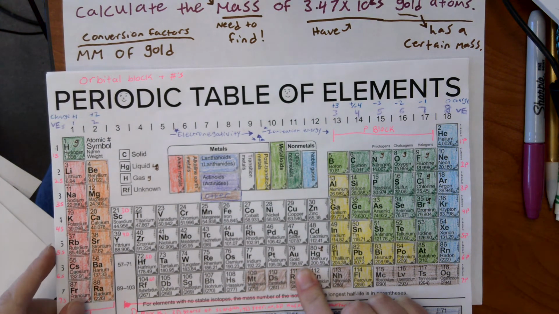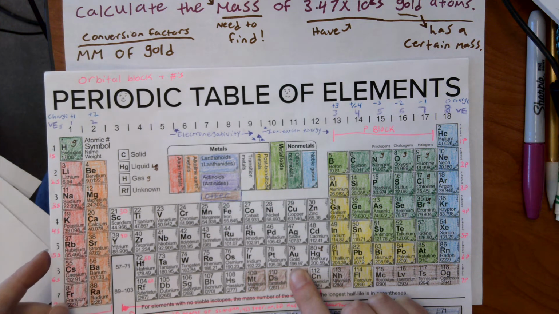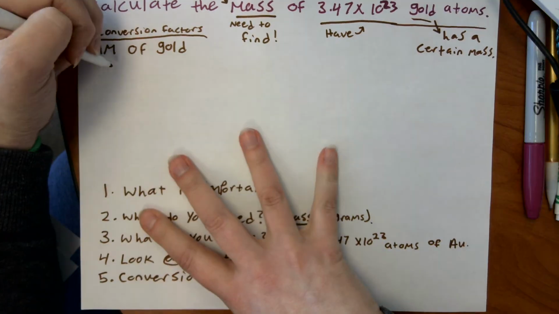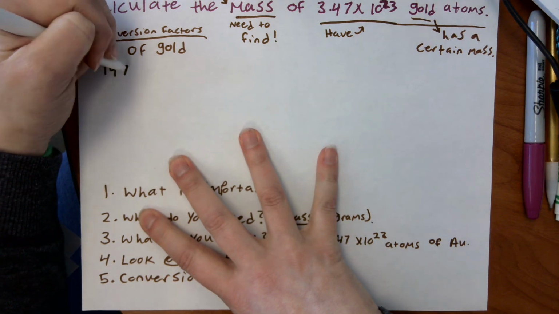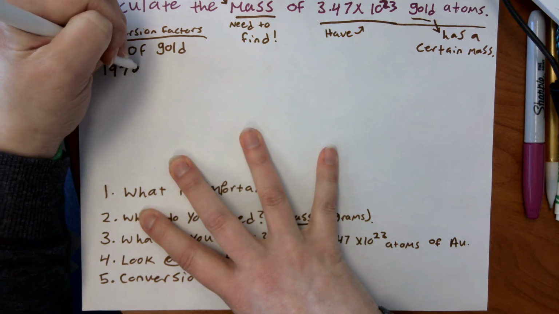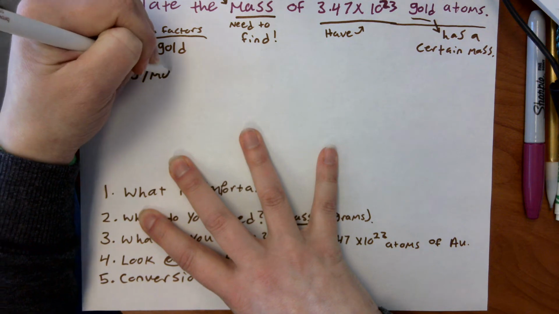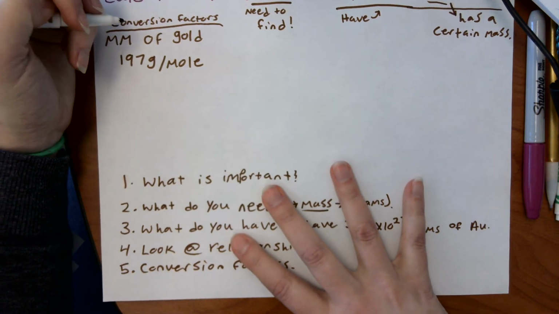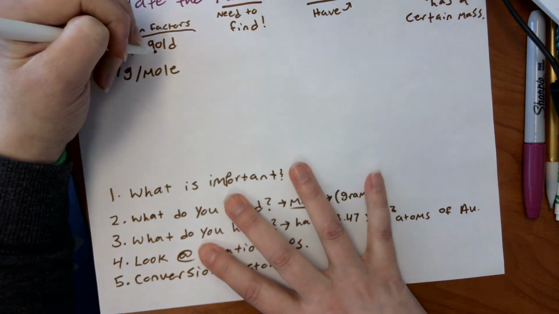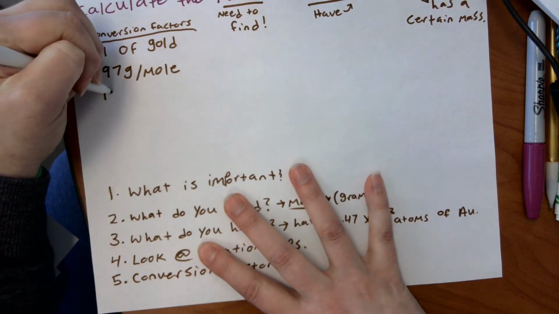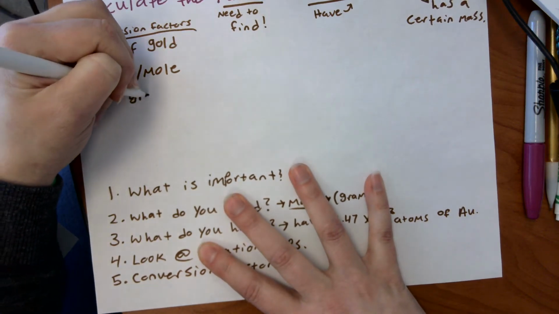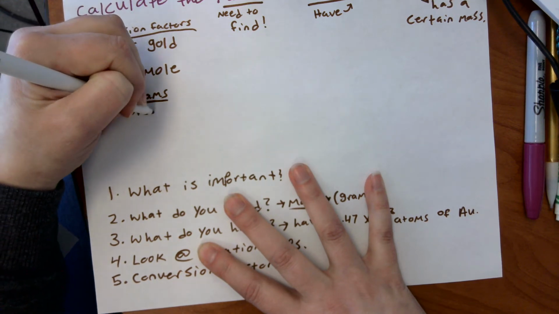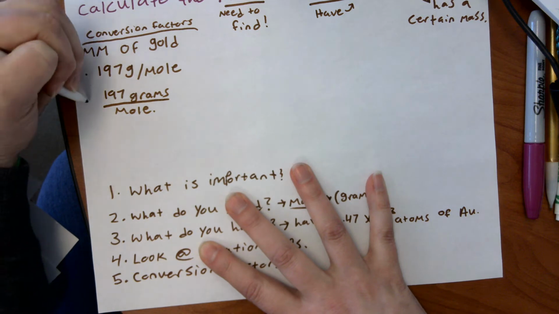We see that gold has a molar mass of 197. So we write that down, 197, and that's grams per mole. Okay? Either way you can write it.